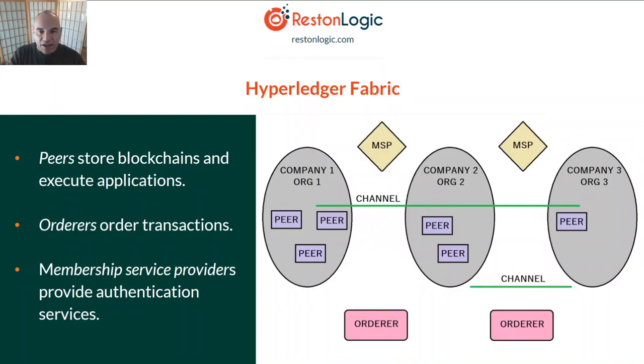These companies may not necessarily trust each other. Regardless, you still want to have good security regardless of how much they trust each other. And so you have membership service provider nodes that can provide things like public key infrastructure and other related services to keep the network secure.